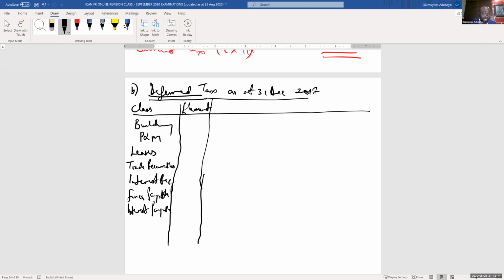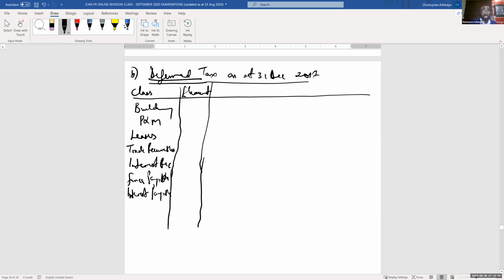Now, let us identify which element they belong to. Building, is it an asset or a liability? Building is an asset. Plant and machinery is an asset. The lease, is it an asset or a liability? Now, we need to compare the carrying amount of the lease asset with the lease obligation.